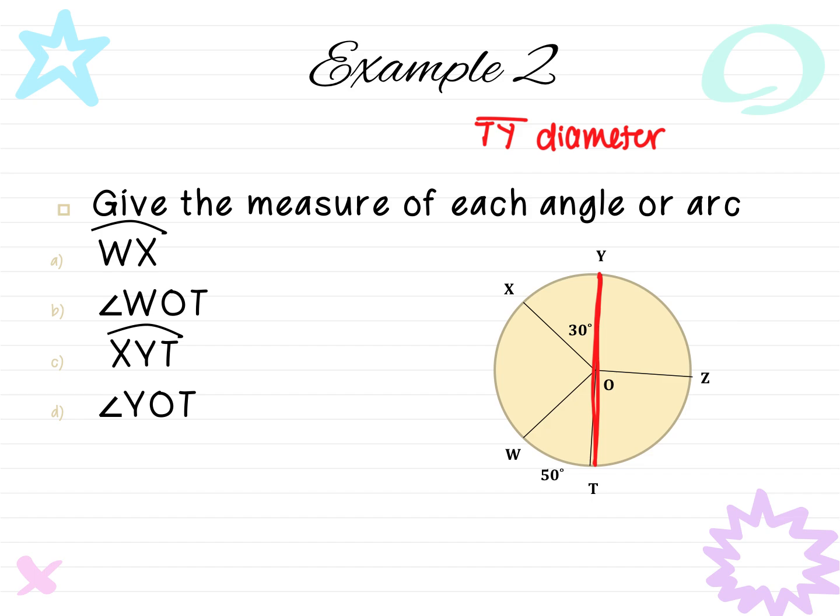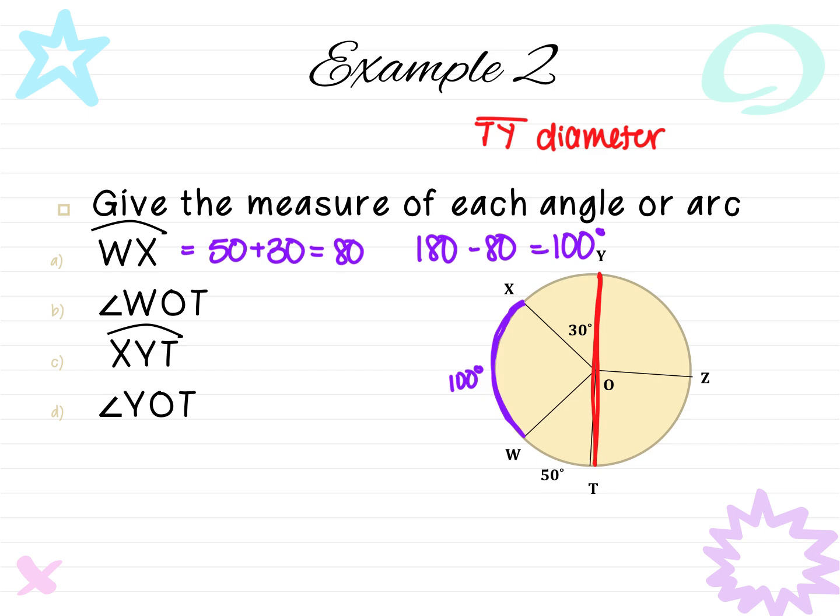We're looking at arc WX. You could tell me the measure of arc WX. How would I find it? Okay, I'm going to add 50 and 30. It's going to give me 80, and then I'm going to subtract it from 180. And I'm going to get that this arc is 100 degrees.